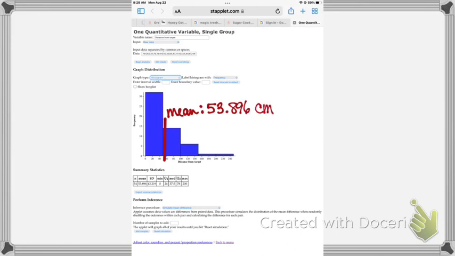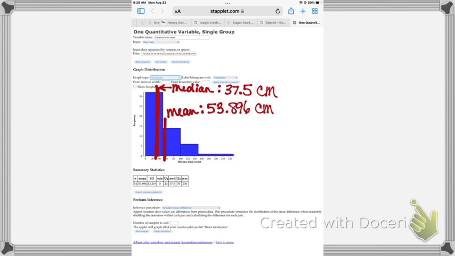And our median was 37.5. So the median was much closer to here. Get a sketch of this on your page, and I want you to mark the mean and the median there as well.